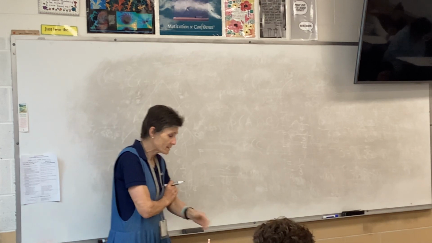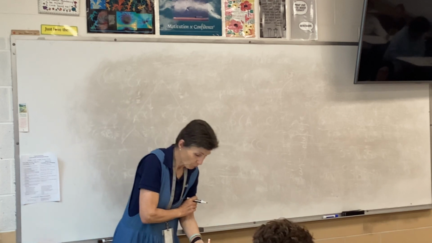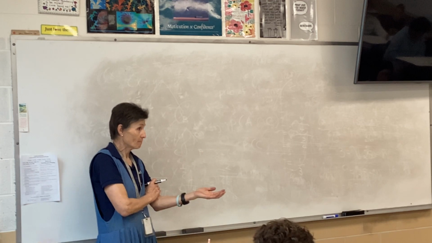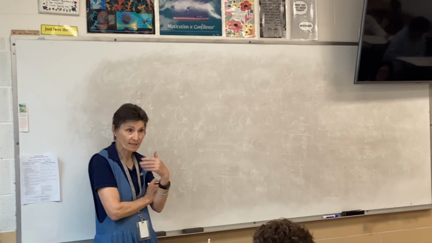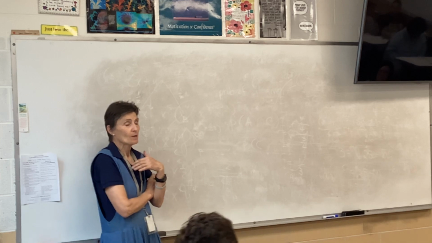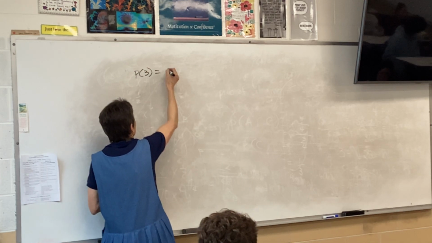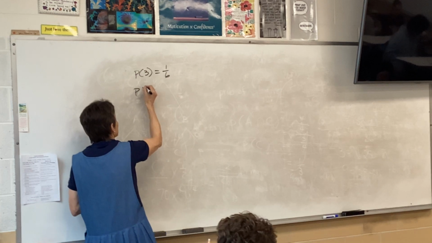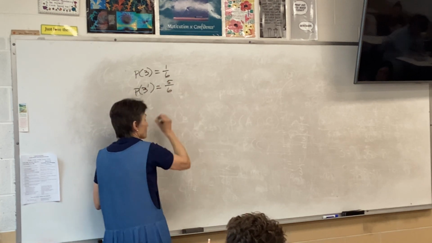Because when you roll a die, it's binary. You're either going to get a 3 or you're not going to get a 3. In this problem, that's why I'm interested in 3s. So I'm going to get a 3 or I'm not going to get a 3. What is the probability that I will get a 3? 1/6. And the probability that I don't get a 3 is 5/6, right?